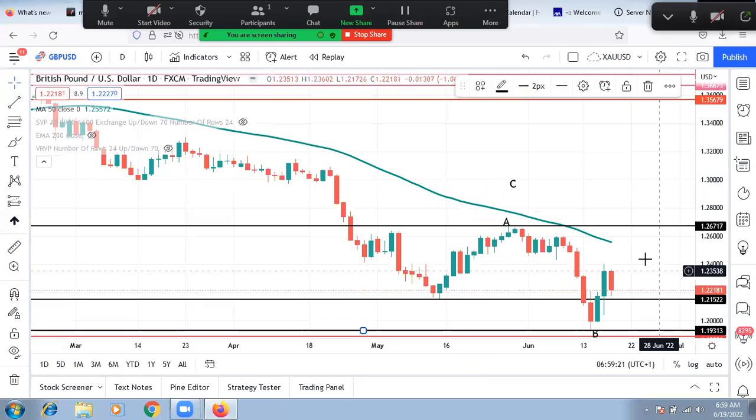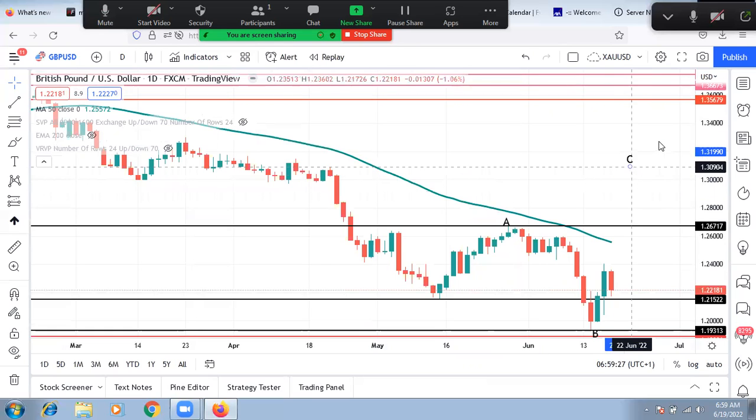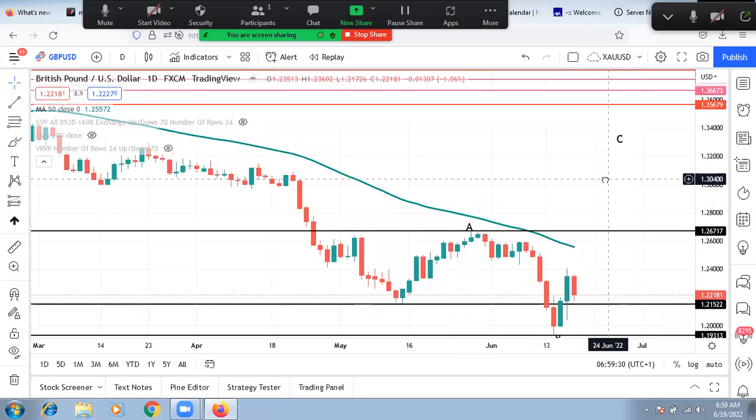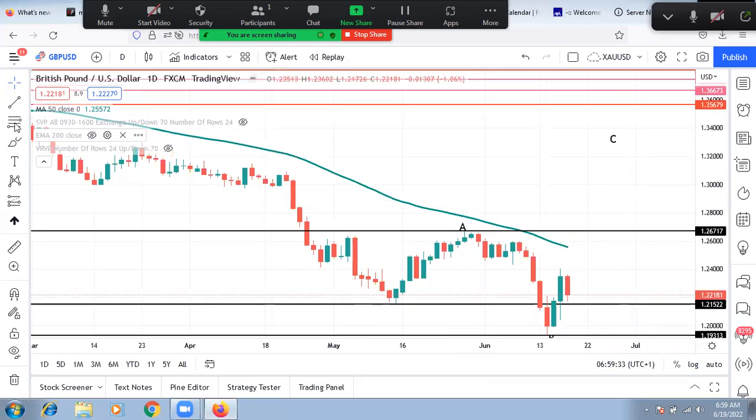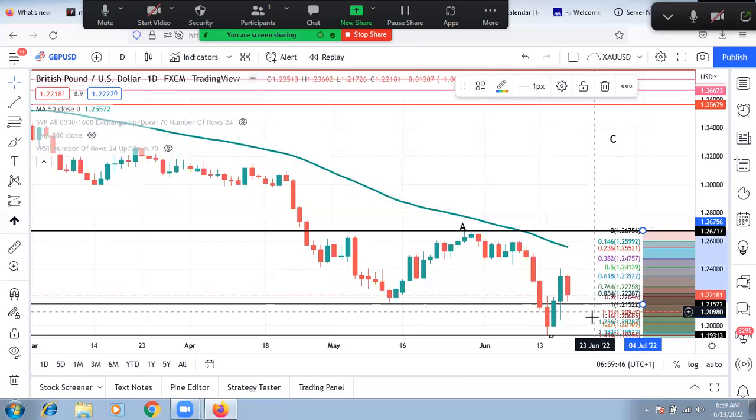So now we're going to go to C. Now with this pound USD, come from the beginning of A to the end of A, exactly at 141.